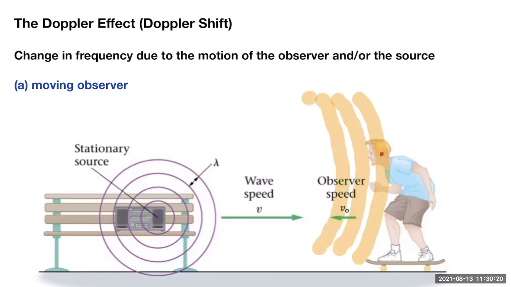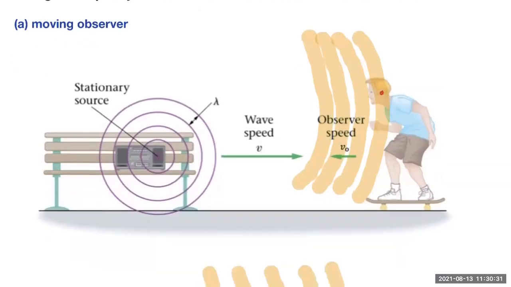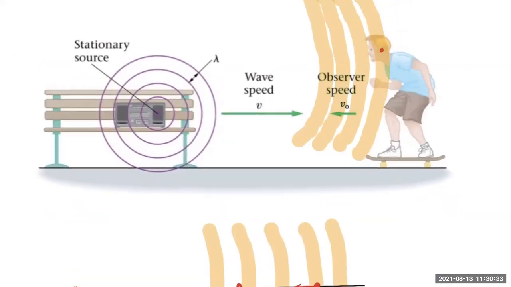And the frequency of that is F, which is V over lambda. That's if he doesn't do anything. That's equal to F. Okay, so the original frequency is V over lambda, that is.